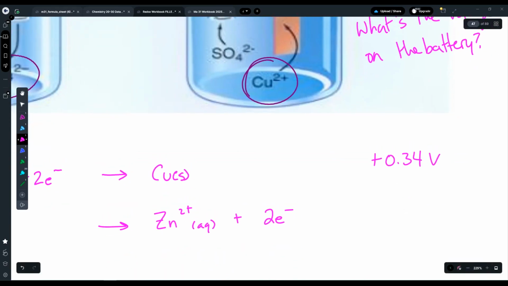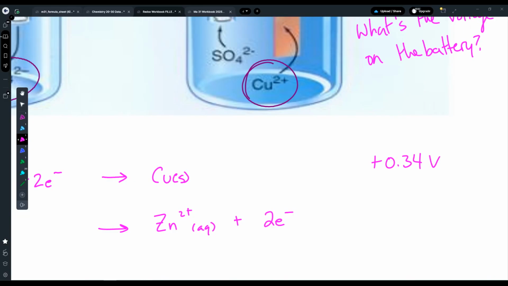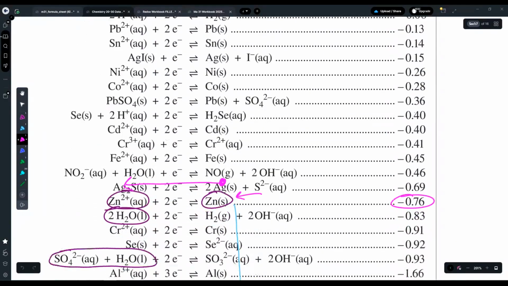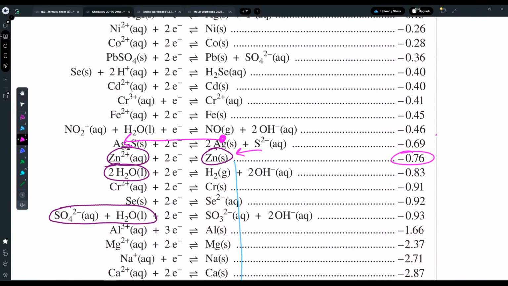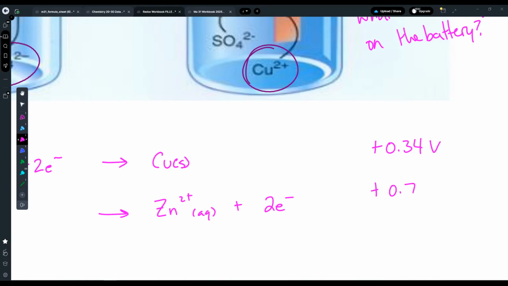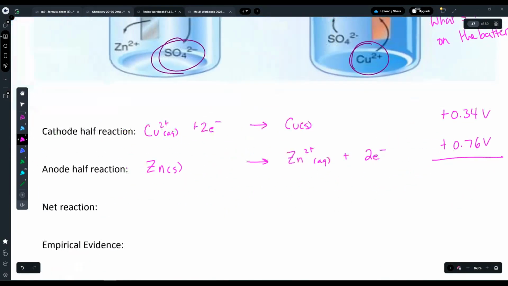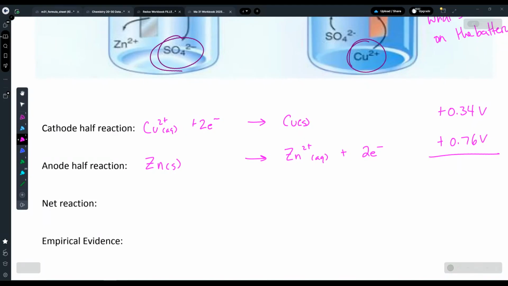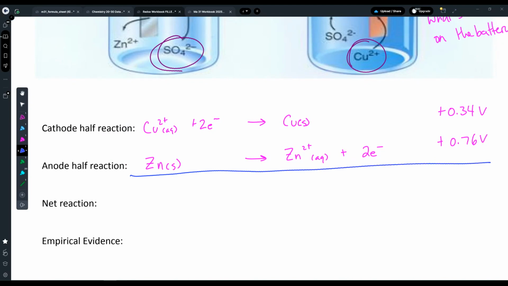Now since for the anode half reaction we wrote that backwards, from right to left, that means we have to flip the sign on this negative 0.76. So we flip it from negative 0.76 to positive 0.76. Now let's add up both of these reactions and then we'll add up the voltages so we can get the net voltage.